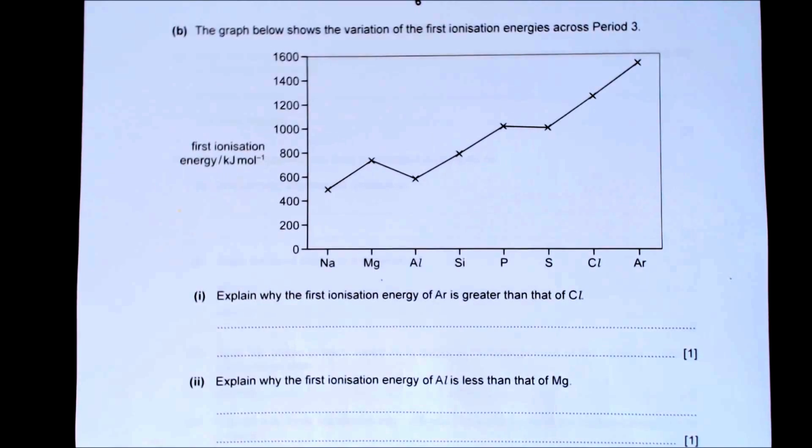Right, so what we need to say is that argon has more protons in the nucleus, so that gives it an increased nuclear charge. But crucially, the shielding is the same in both chlorine and argon. So that increased nuclear charge, but the same shielding, means that the electron is much more difficult to remove from argon than it is from chlorine.